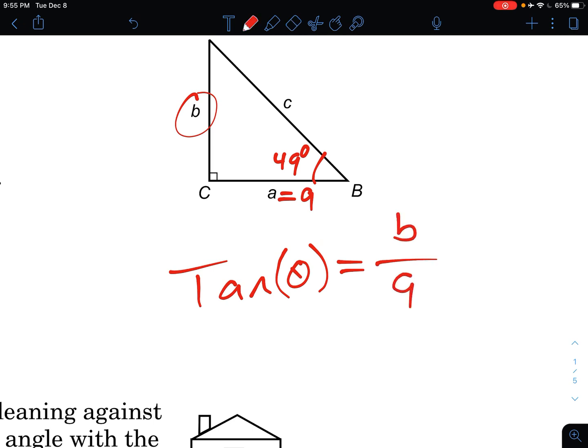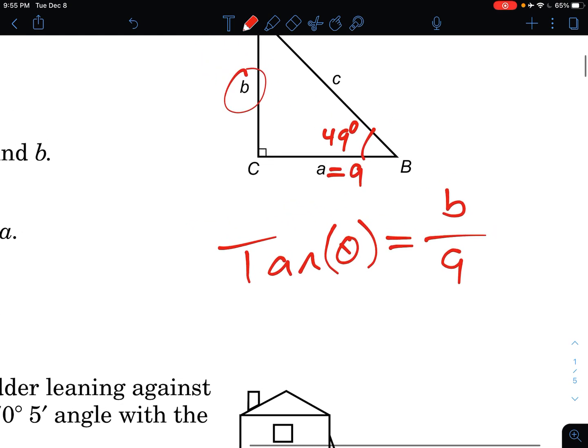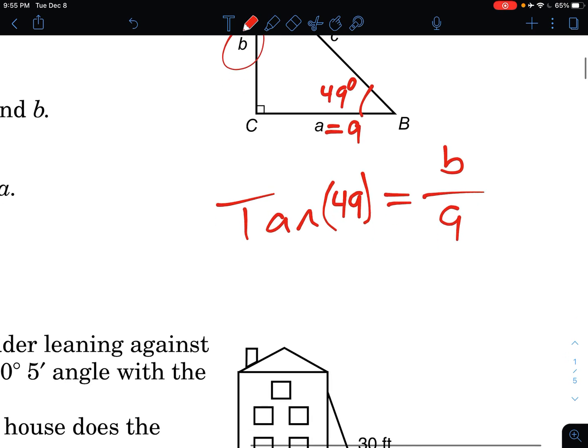And B is on top. To get B by itself, we're going to multiply by 9. Do remember our theta is 49 degrees, so make sure your calculator's in degree mode still. It's not going to change unless you change it.